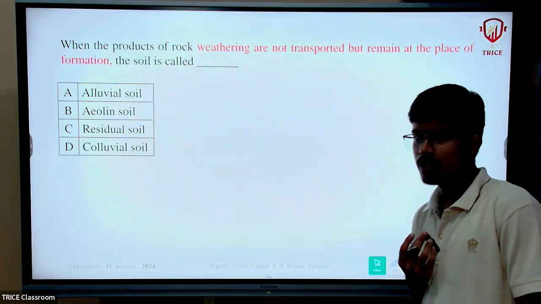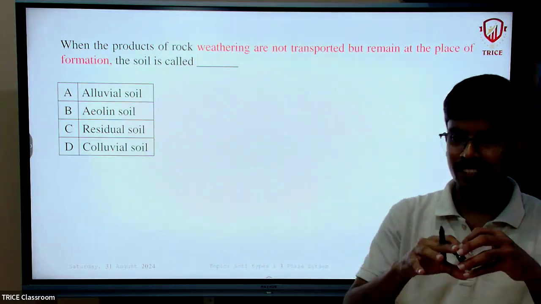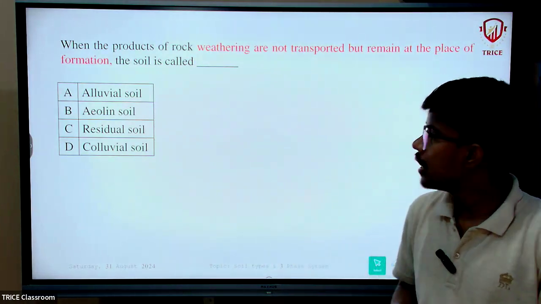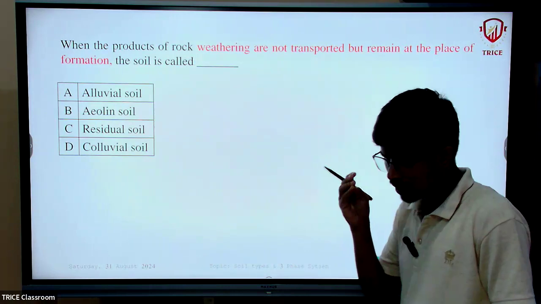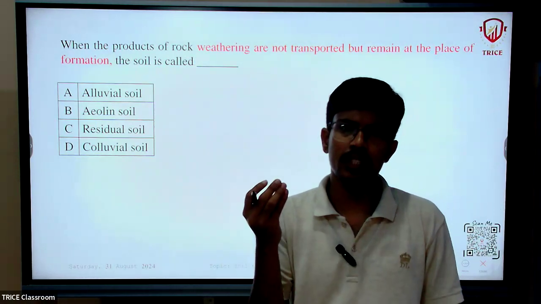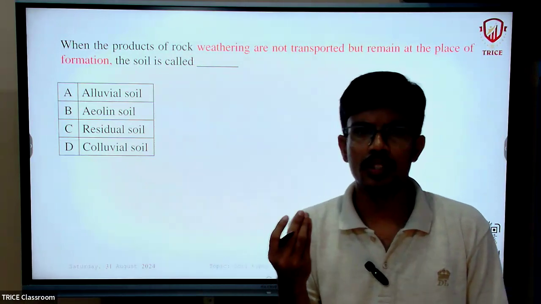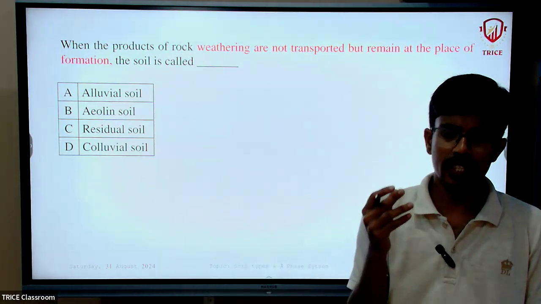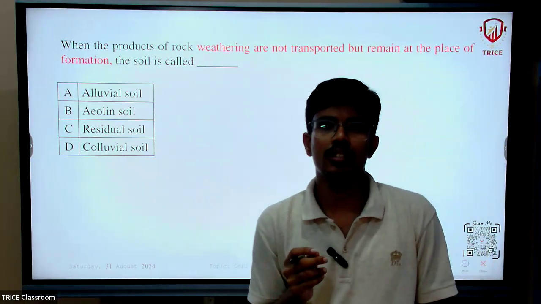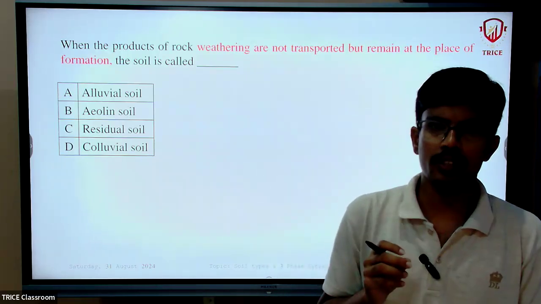Residual soils are nothing but their formations in place. We have rocks in the form of metamorphic, sedimentary, or igneous rocks. Suppose we take igneous rocks, for example basalt rock.